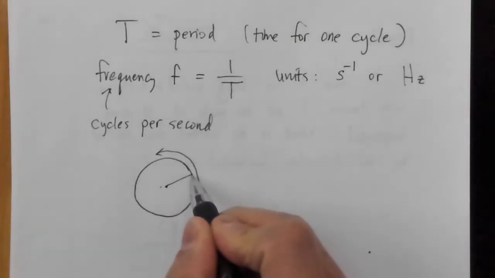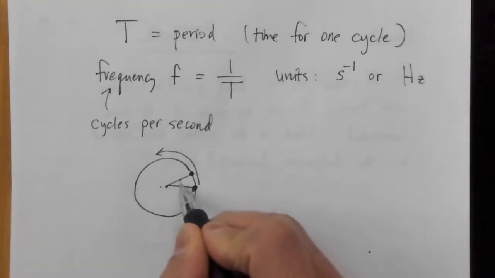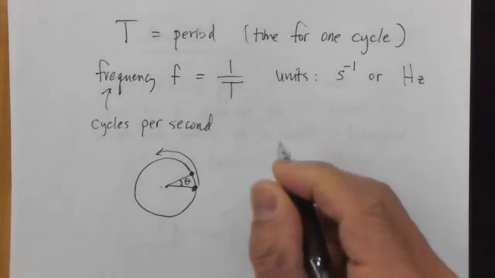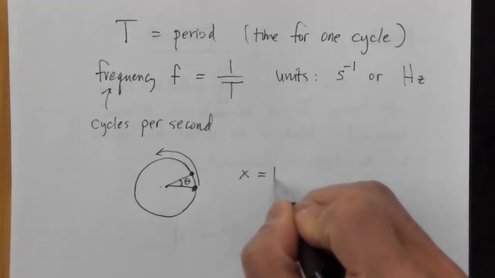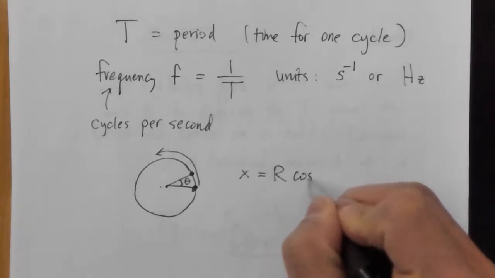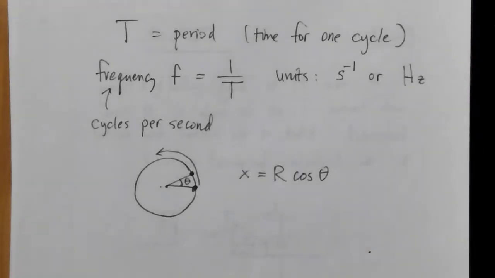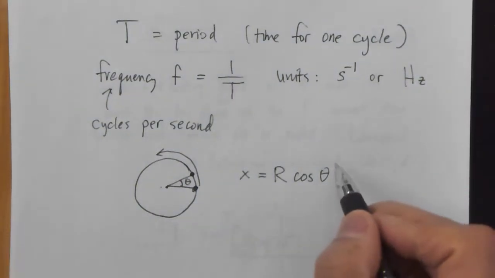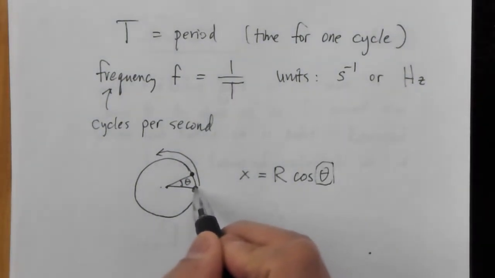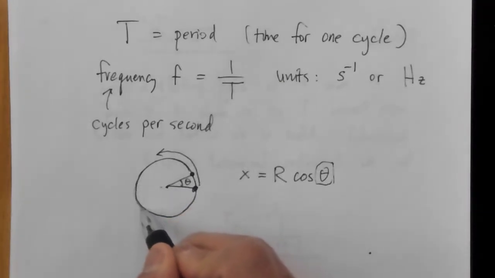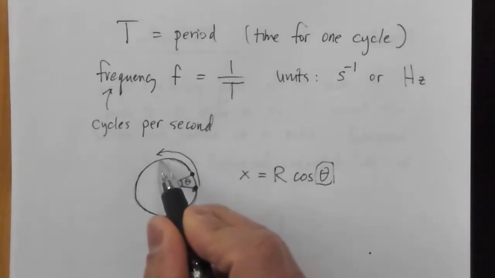So let's say it moves from here to there, and that's theta. Then the x-coordinate would be the radius times cosine of theta. And now I can think of this theta as just increasing with time as it goes around like this.